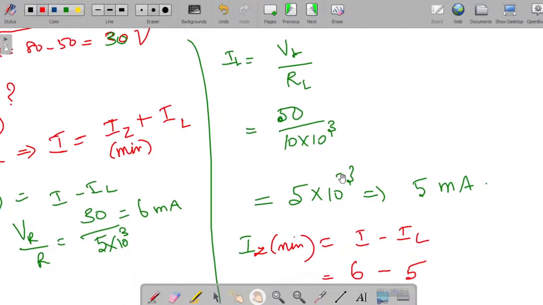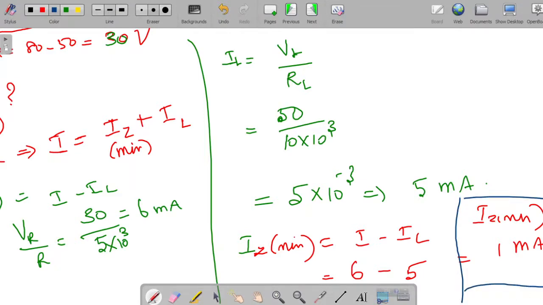So the answer would be 1 milliamp. So we have calculated, that's it. IZ minimum is equal to 1 milliamp. Okay, that's it.